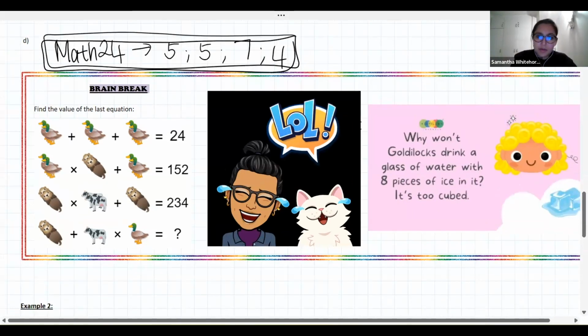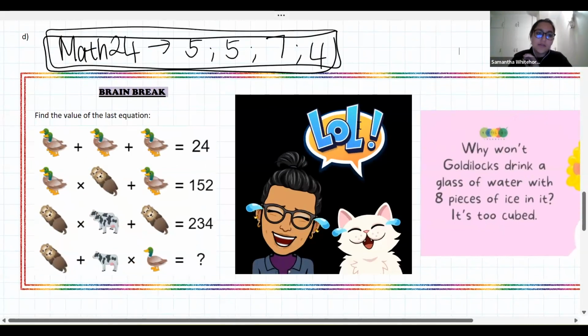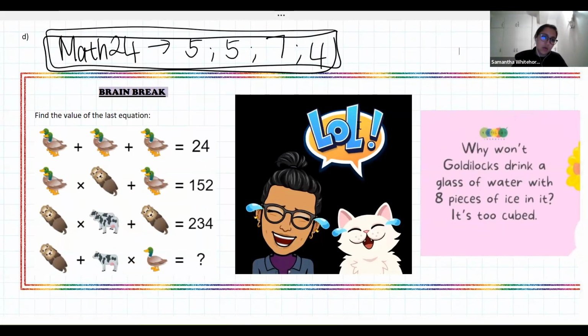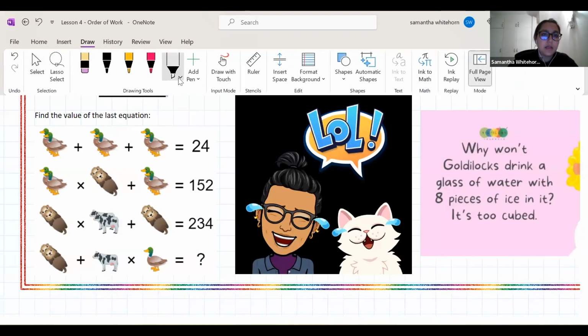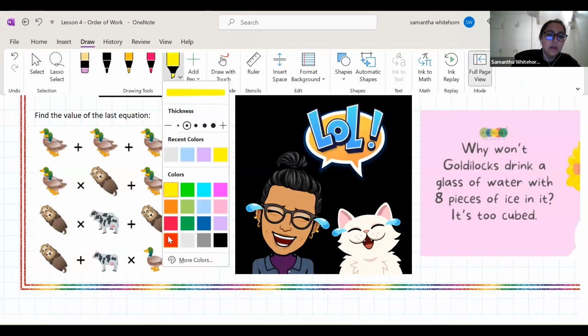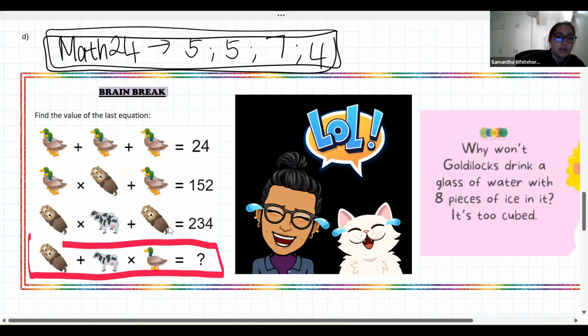I'm going to make it a bit bigger. Remember, look out for the doubles: 2 ducks, 2 otters, and 2 cows. And I want the final value. When I say final value, I mean the value of this equation down at the bottom here.